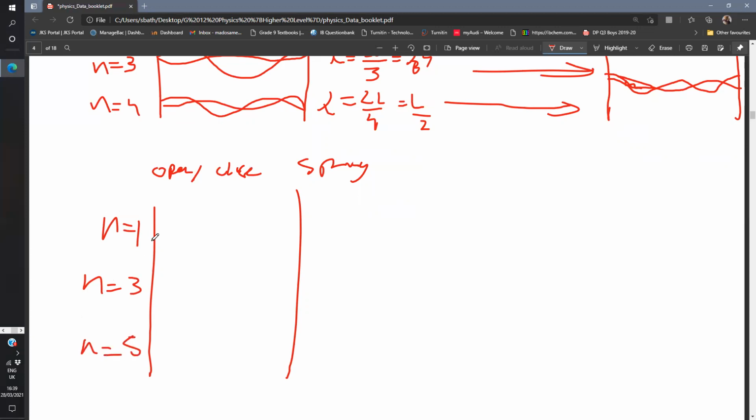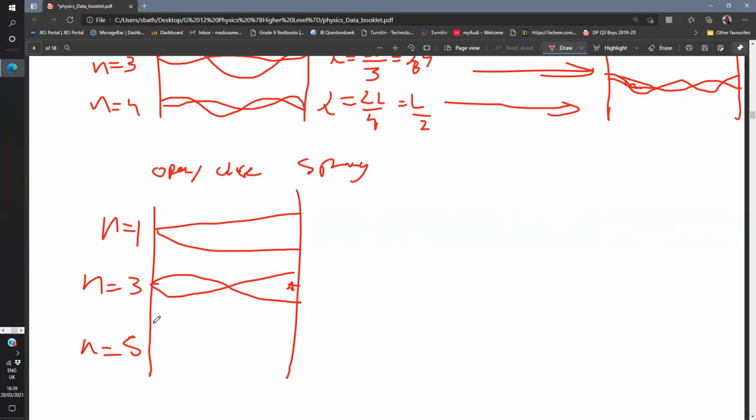So the first harmonic is basically this. Looks like that. And the second harmonic is this.